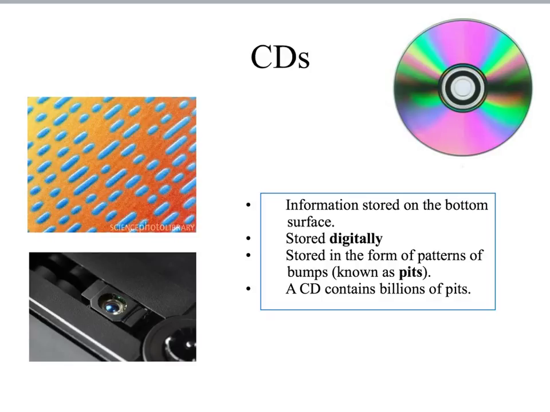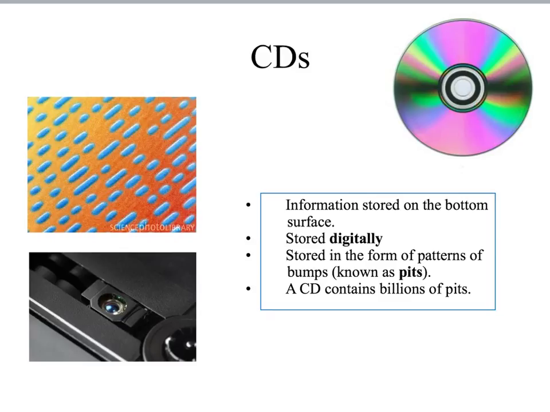Now, those bumps are read using a laser, so if you look inside a CD player, you'll always see something like this, and this is the source and the reader inside here. So a laser beam will be shone from there onto the bottom surface of the CD.